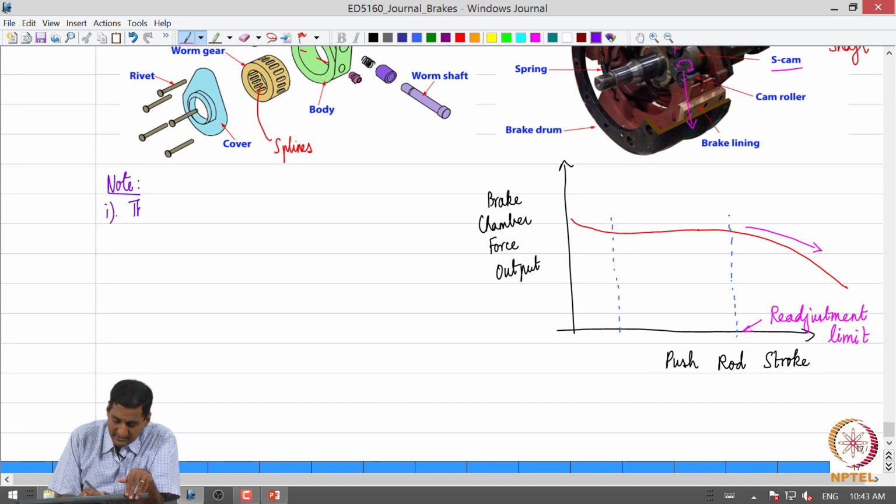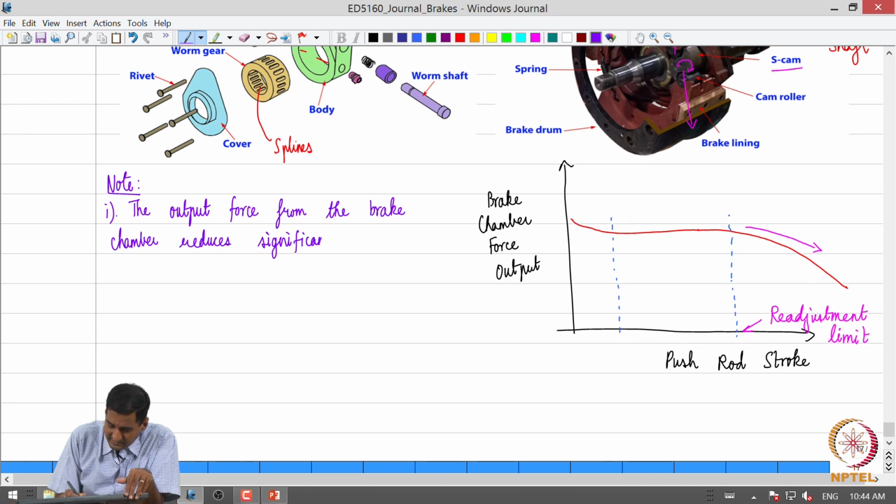So please note that the output force from the brake chamber reduces significantly once the push rod stroke exceeds the so called readjustment limit.